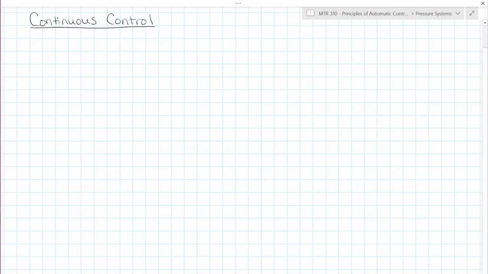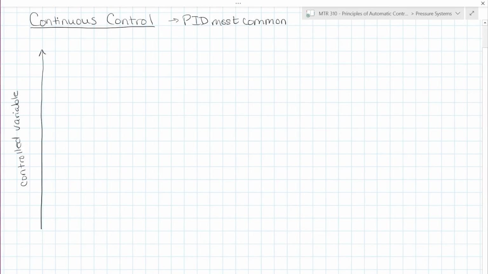Continuous control does not have to be accomplished using a PID controller, although it is the most common application. But what we're demonstrating here is just the concept of continuous control. So we're looking at this not in terms of PID control or anything else, we're just looking at the dynamics of the system. Alright, so again, I'm going to have an axis representing my controlled variable, which in this case is tank level.